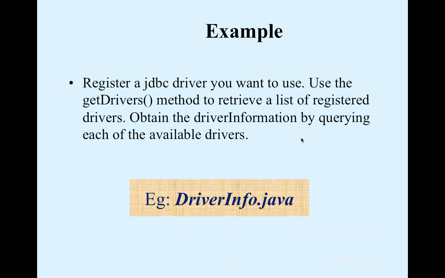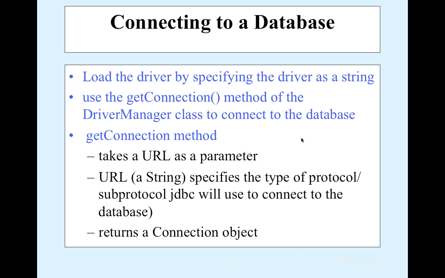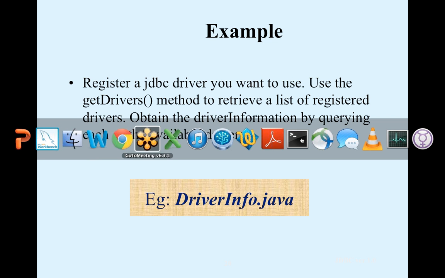So here, driver info. It registers a JDBC driver you want to use. Use the getDrivers method to retrieve the list of registered drivers. Obtain the driver information by querying each of the available drivers. Okay, so let's see how this example works.